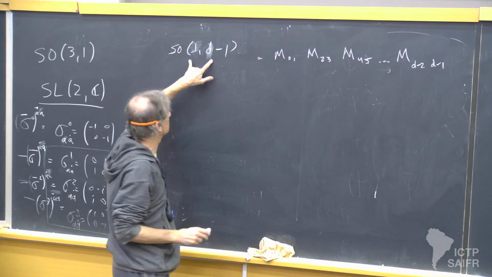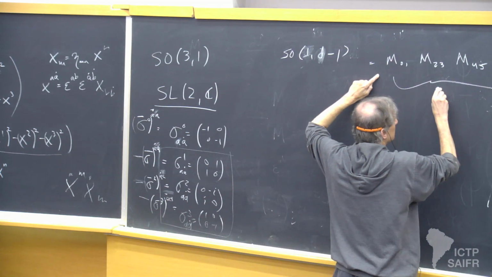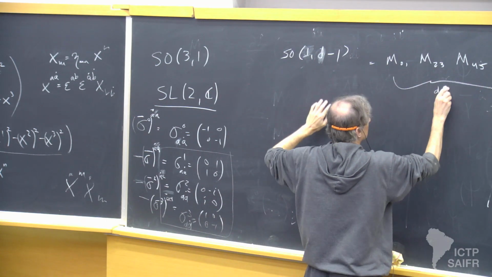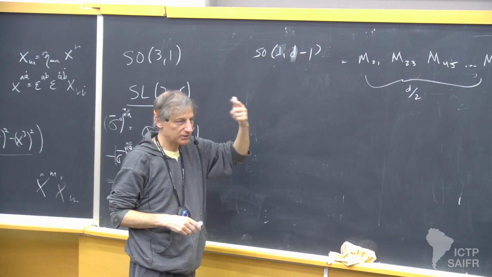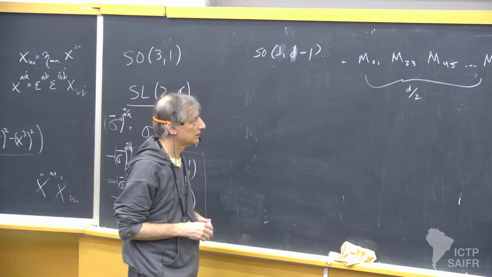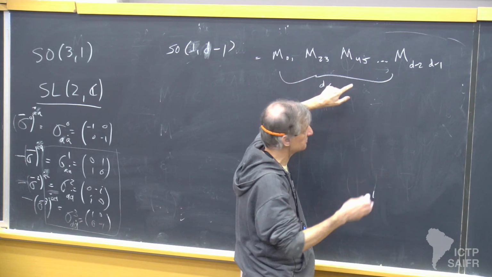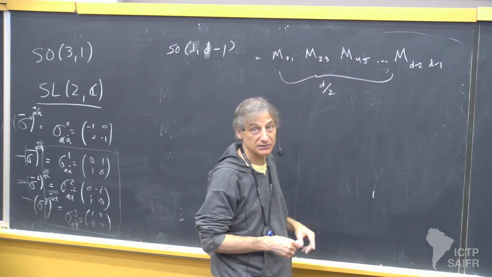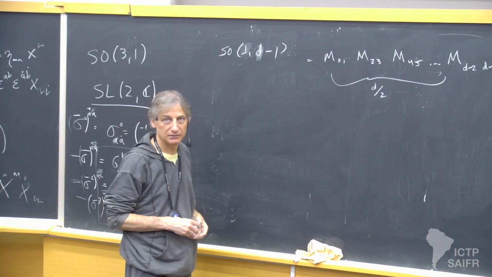If you're in D even dimensions, you have D over 2 of these. You can think of them as certain rotations. And you can ask, what are the charges of the spinor or a general representation under these rotations? For example, suppose you had a vector.